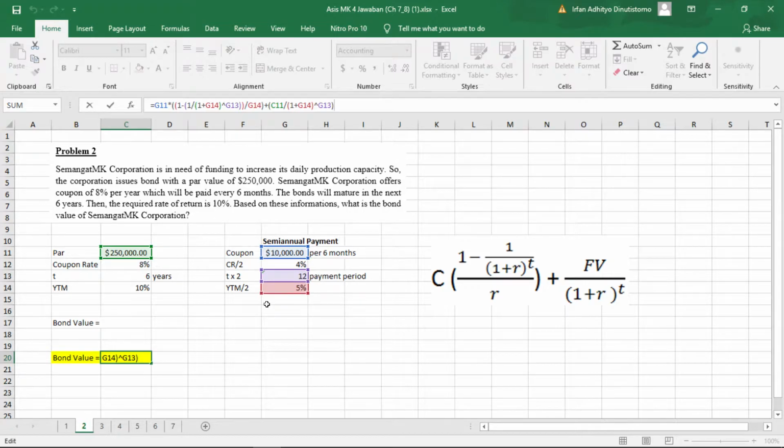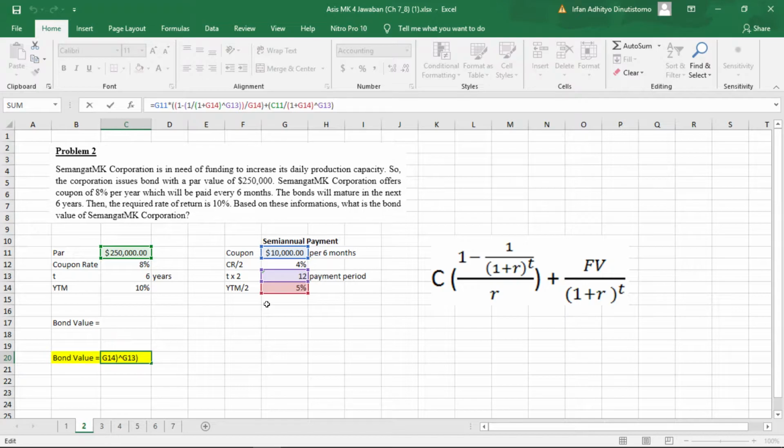The coupon rate is what you receive, so the higher the better for you. But the yield to maturity is the required return, the discount rate, so the higher the rate, the lower the present value. So those are two completely different things.